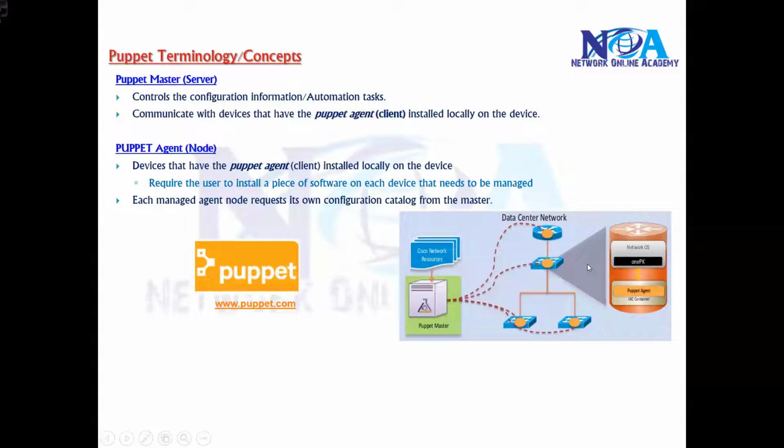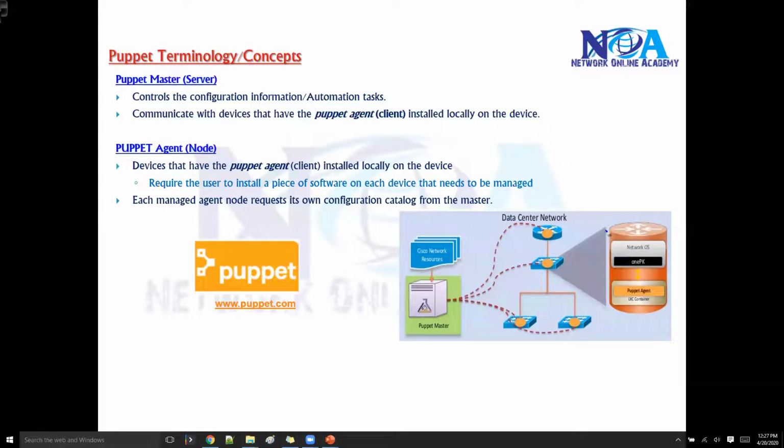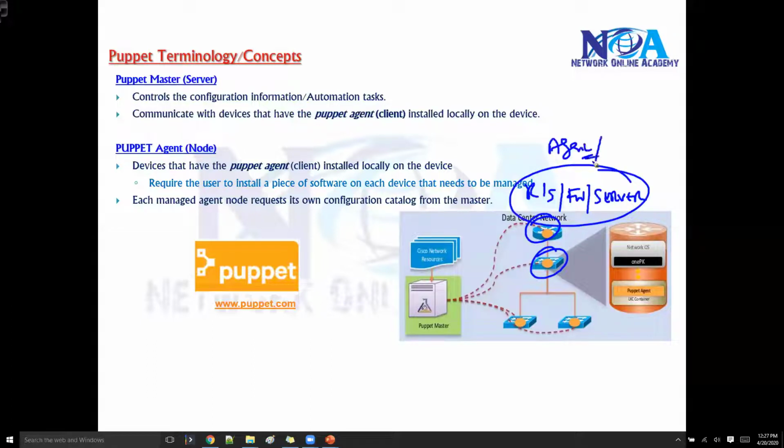Now, again, we have something called puppet agent, nothing but the node. These are the actual end devices, maybe routers or switches, or maybe some firewalls, or even your server if you're using some kind of server virtualization. Now, these devices typically have agent software installed, and these agents are being managed by the server.